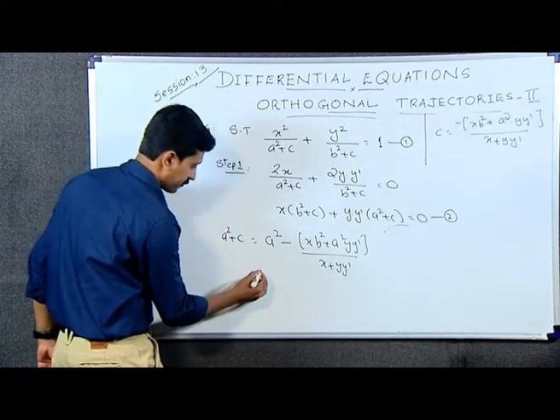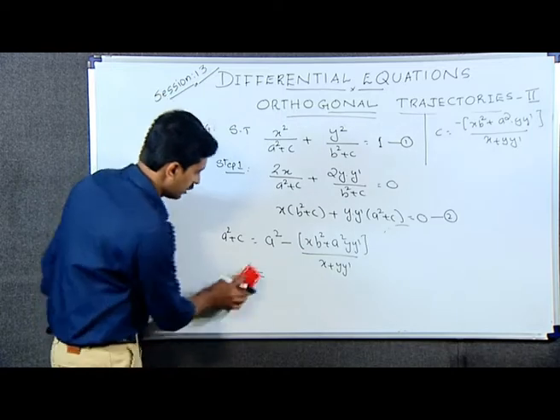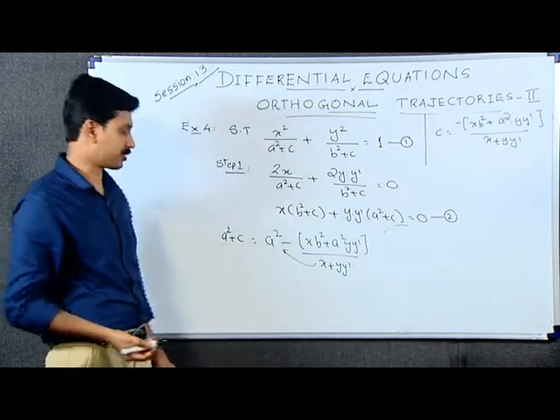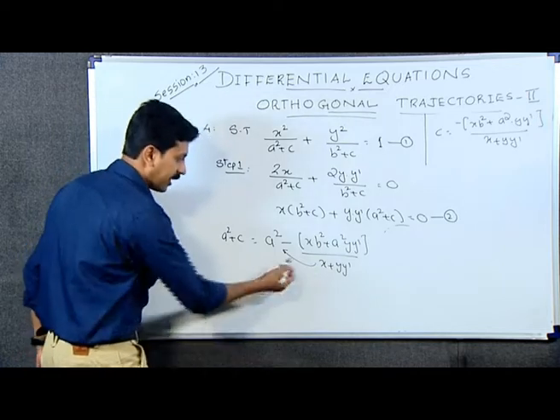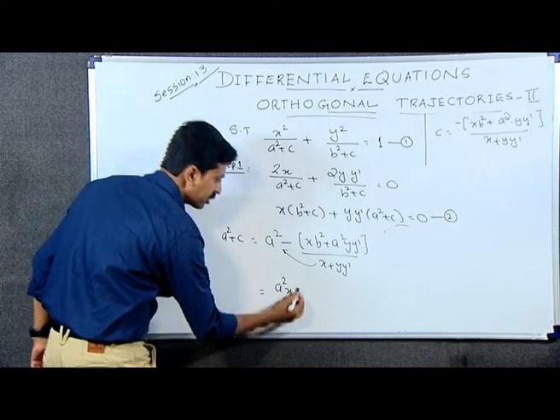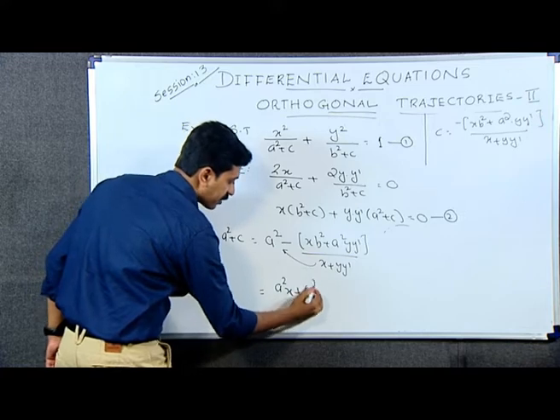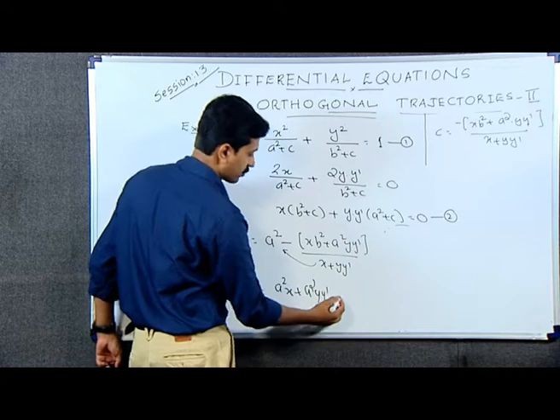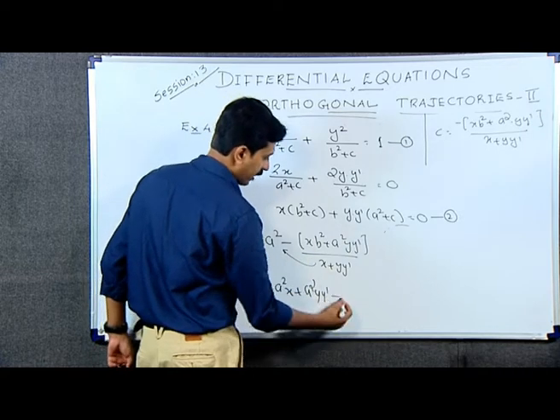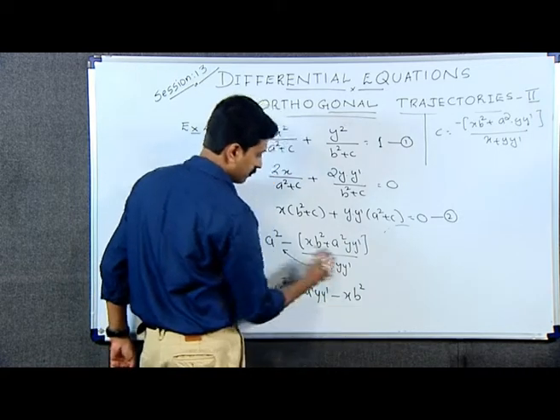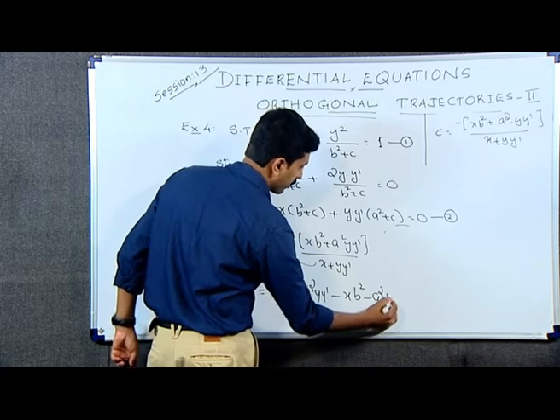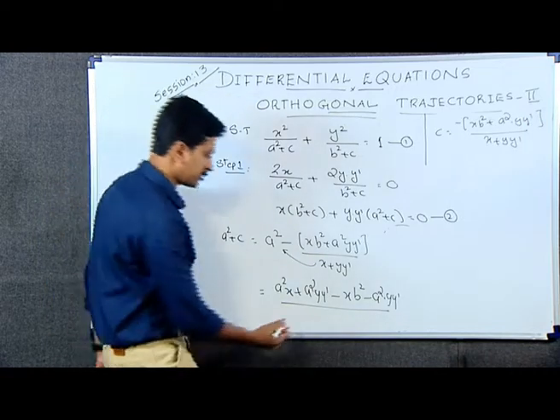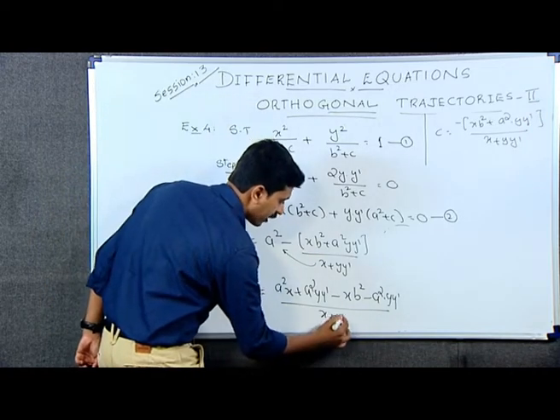Cross multiplying, we will have a square x plus a square y y dash, taking the negative inside, minus x b square minus a square y y dash, divided by x plus y y dash.